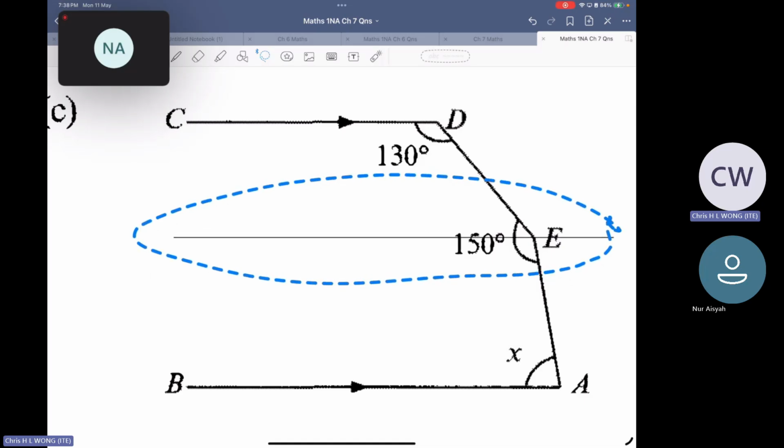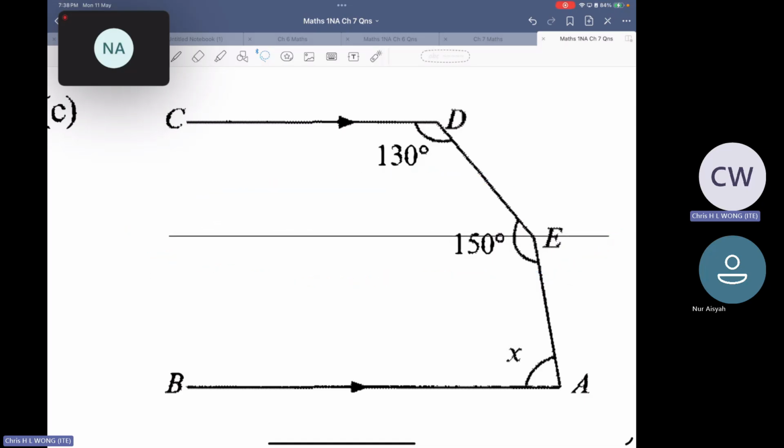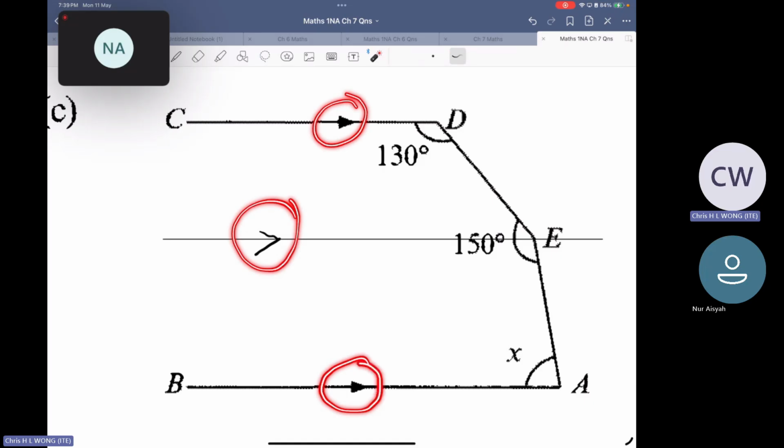Center. Then you can start. Drawing the line is one thing, you must also draw the arrow. You must draw this arrow to tell them that this is parallel to this is parallel to this.